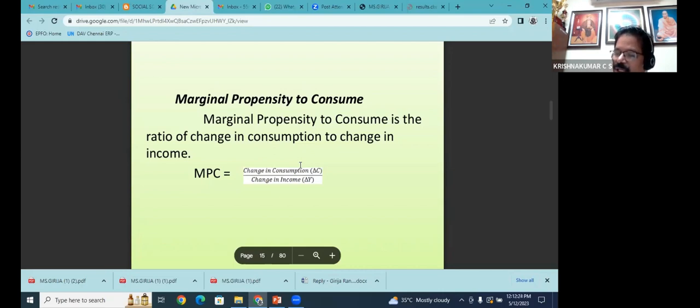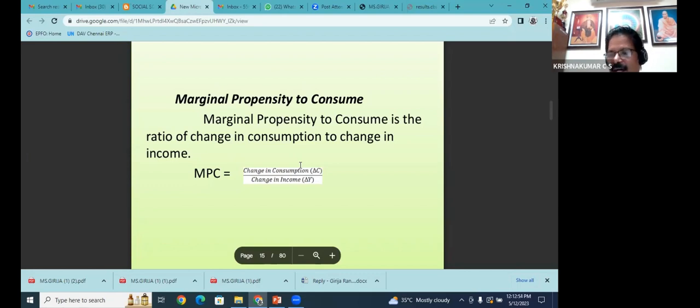The remaining 10,000 he is saving. So what will be his APC? You raise this question to them. 10,000 divided by 20,000, consumption by income, you will get 0.5 or 50%. So this is APC. With this example, you can make them understand APC.